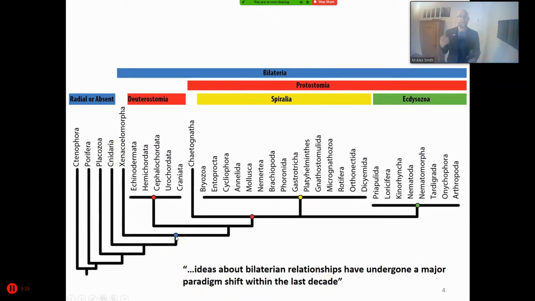And this is an exciting place to get, not least because it's the most diverse once we get into the arthropods, but because our ideas, as that quote says at the bottom, about the relationships within the bilateria have undergone major paradigm shifts. The author used singular, I'm going to use multiple shifts in the last decade.